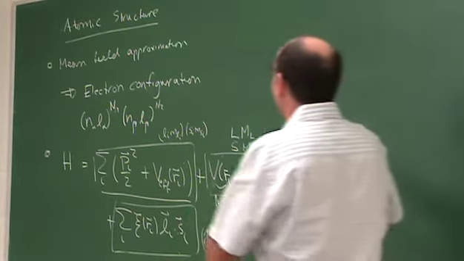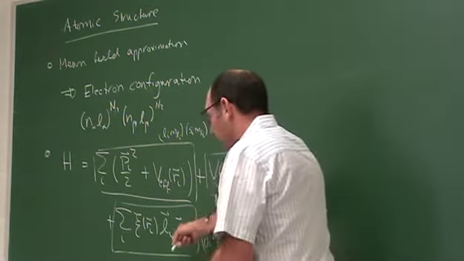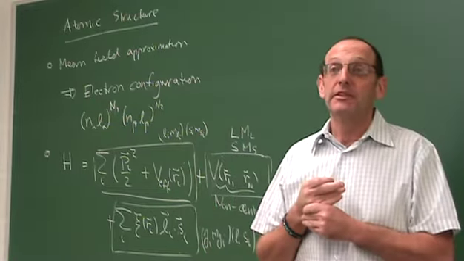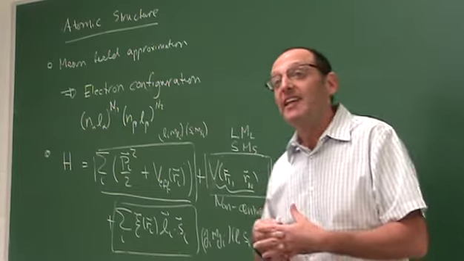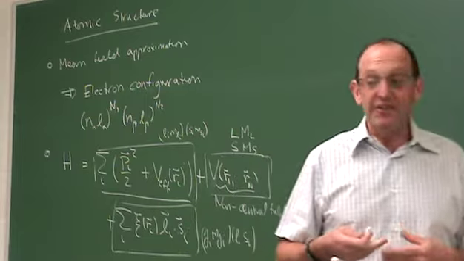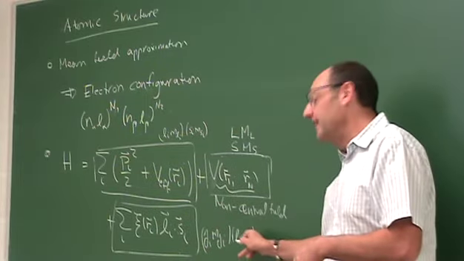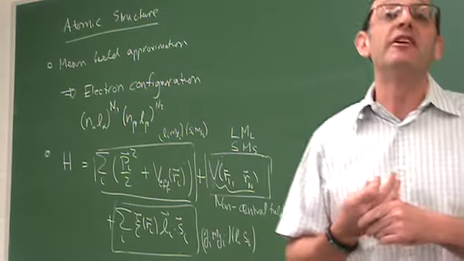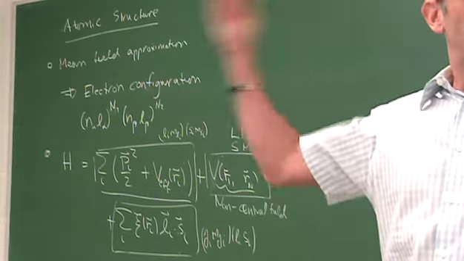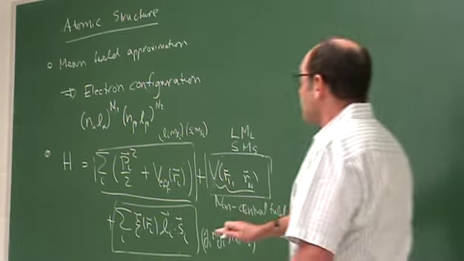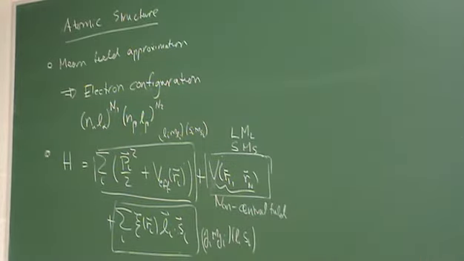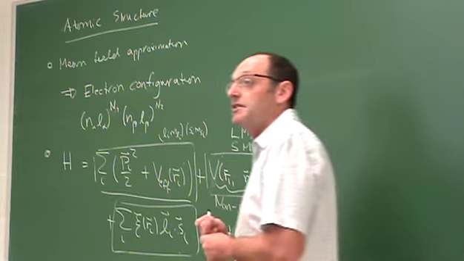Then we couple together L and S through this perturbation to get the total angular momentum J. Alternatively, if this is a stronger effect than this, then first we couple the individual L's to the individual S's to get the individual J's, and then the J's are coupled together to get the total J, and that's called JJ coupling. So you'll see in the atomic physics literature, one talks about LS coupling versus JJ coupling.